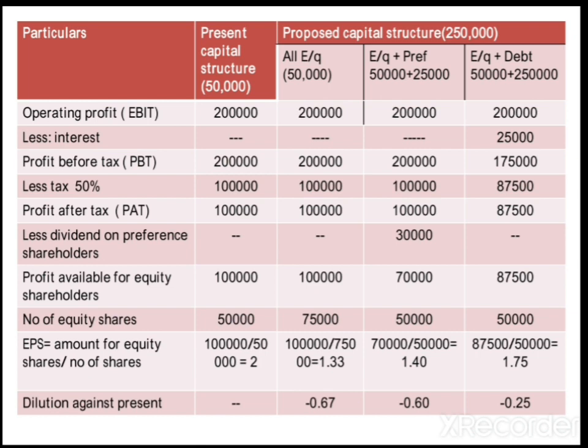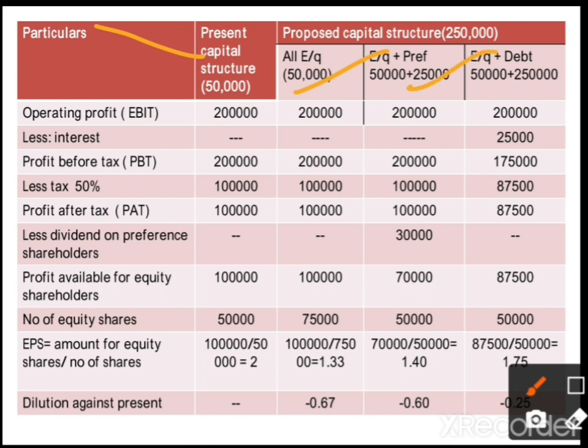Let us move to the solution, and for a clear picture I have already written it here. This is the present capital structure, which is nothing but the existing one. Next, the proposed capital: plan 1, plan 2, plan 3. I already told you plan 1 means all equity. So we take old equity plus new equity.